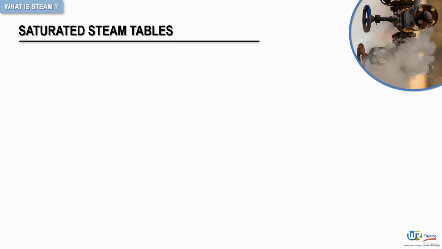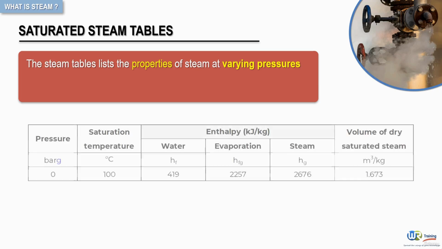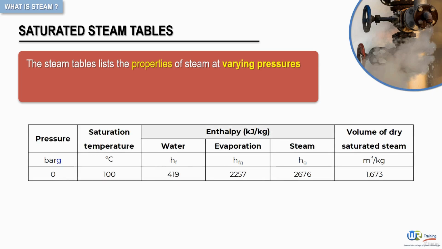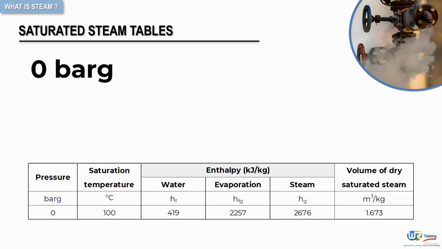The steam tables list the properties of steam at varying pressures. They are the results of actual tests carried out on steam. The following table shows the properties of dry saturated steam at atmospheric pressure. At atmospheric pressure, so a gauge pressure of 0 bar, water boils at 100 degrees Celsius.